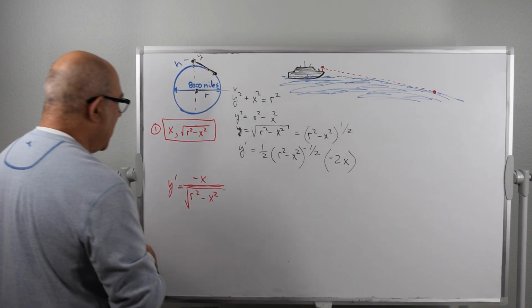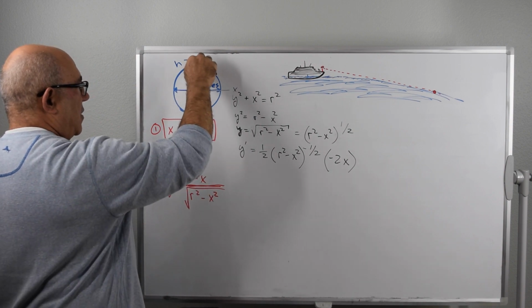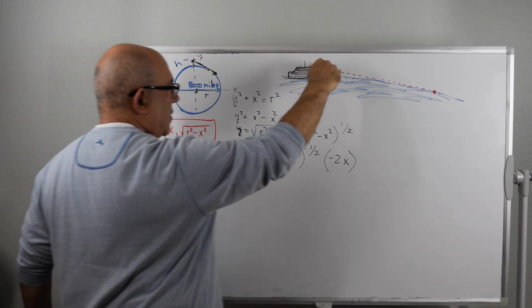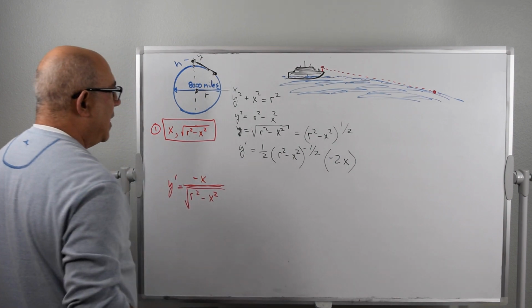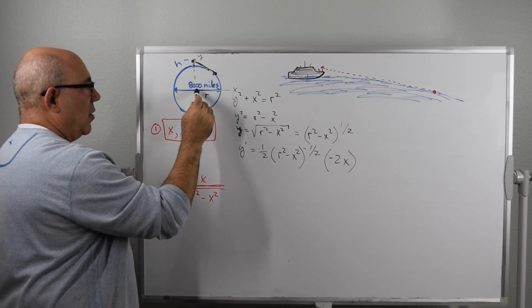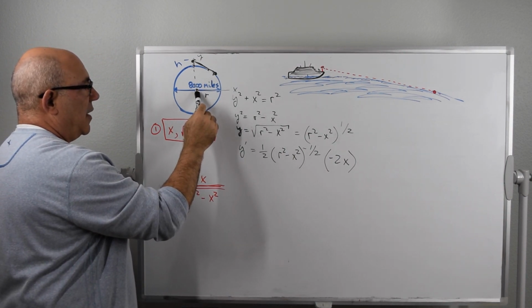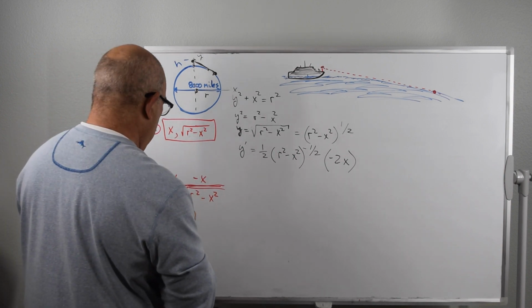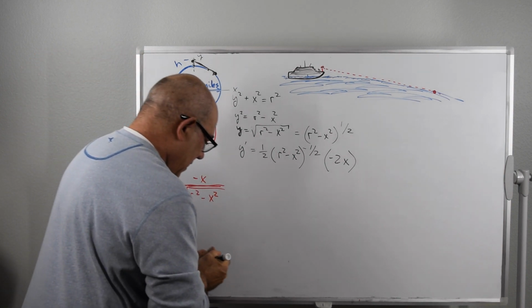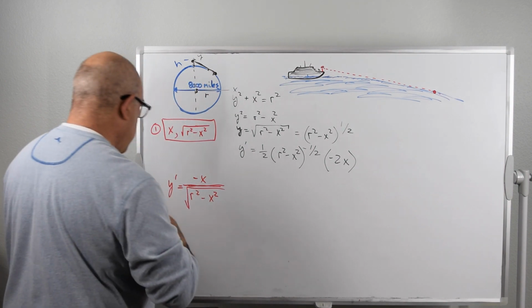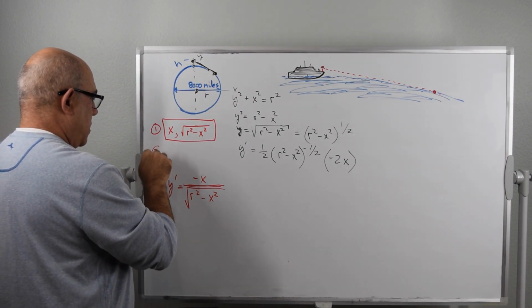Now, we need to get the equation and the slope of this line here. What's the slope of that line? Knowing that we're starting at the origin, we know that x is 0. So let's write that down. This is point 2.